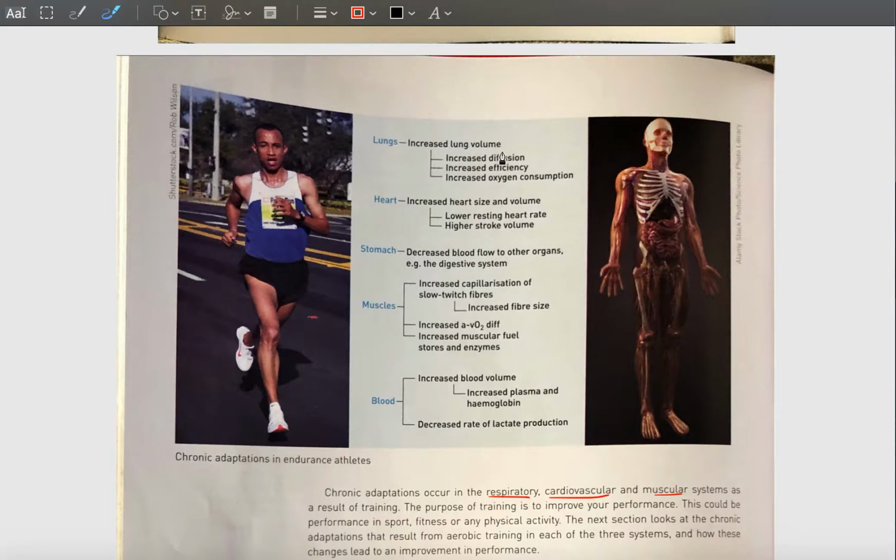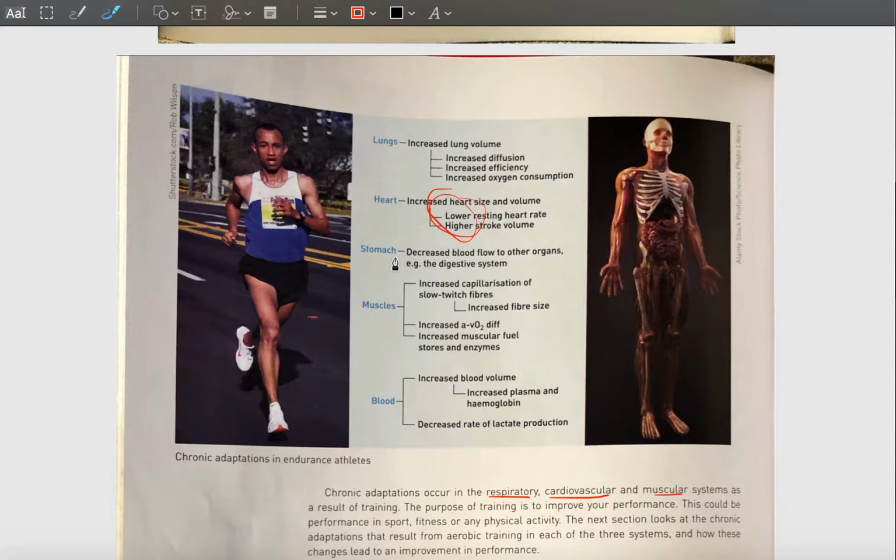That means we will have an increased diffusion into the bloodstream. We have an increased efficiency of extracting oxygen and carbon dioxide from air, and therefore we actually have more oxygen coming into the body. And the heart will increase in size and volume, which means that we will have a lower resting heart rate, and I'll talk about that momentarily, and a higher stroke volume. That's the focus of today's lesson.